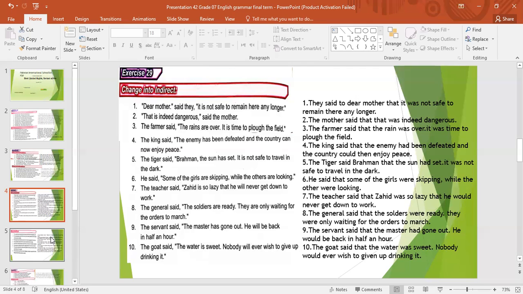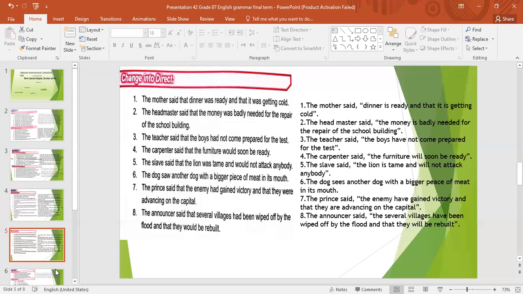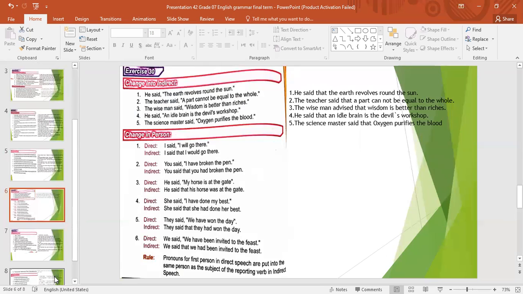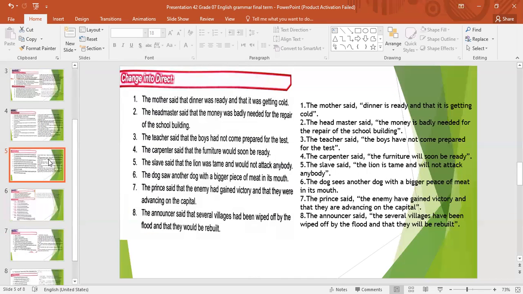Let's move to another exercise. Dear students, here are given some sentences. I think the lecture is becoming a bit lengthy, so let me stop here.